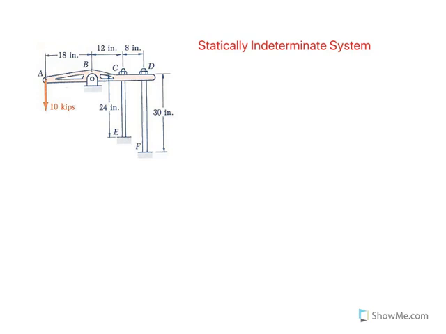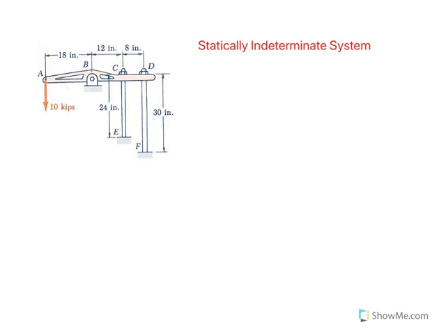Hello, I'm here with another video, this time related to statically indeterminate structures. So we have this bar AD, which is attached to two rods, CE and DF here, and then being pulled at point A by a 10 kip load.